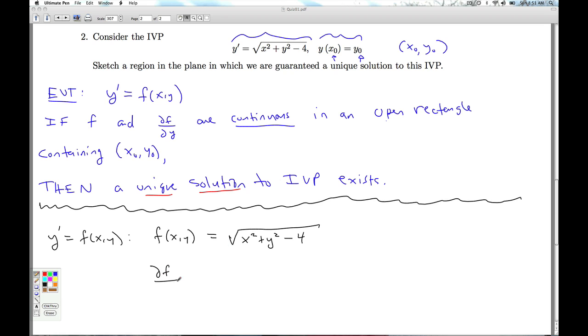So we'll go ahead and take its derivative with respect to y. We can rewrite this as x squared plus y squared minus 4 to the 1/2 power. I'm taking the derivative with respect to y, so I treat the x as a constant. So I go through the usual machinations, and I'm going to get this.